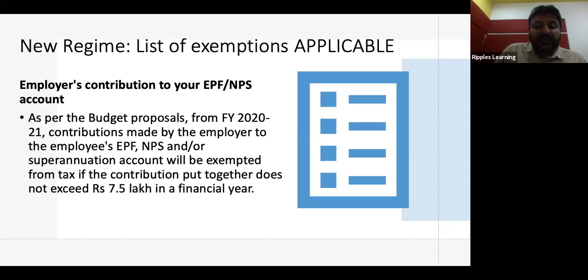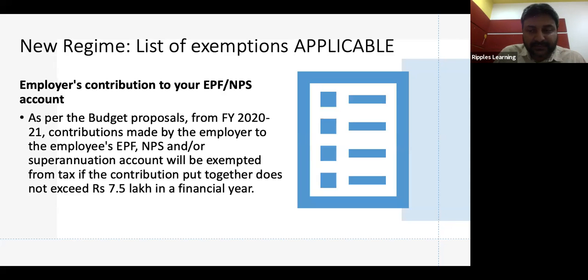Fixed deposit for 3 years or 5 years, or ULIP or equity-linked saving schemes or mutual funds, which were quick saving instruments, will not help you save taxes under the new regime. However, something very long-term, which talks about superannuation, which talks about pensions, investment in that will still be exempt from taxes.